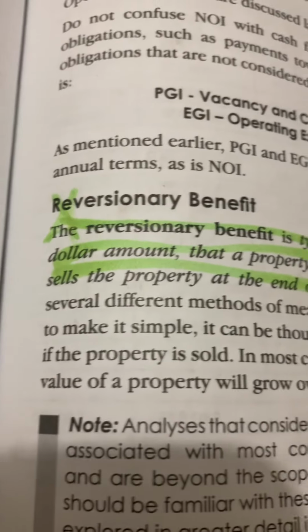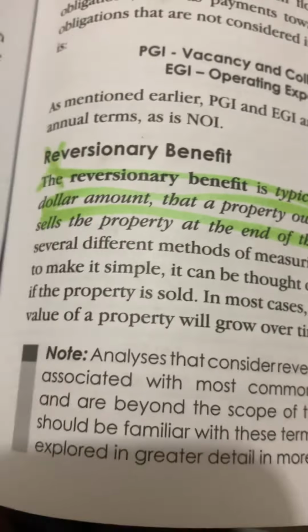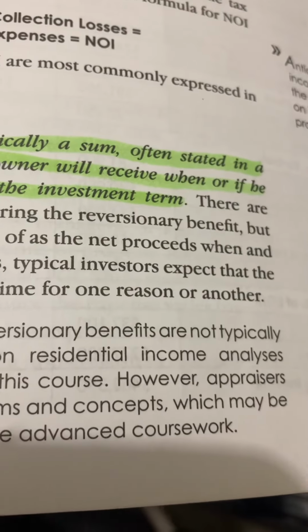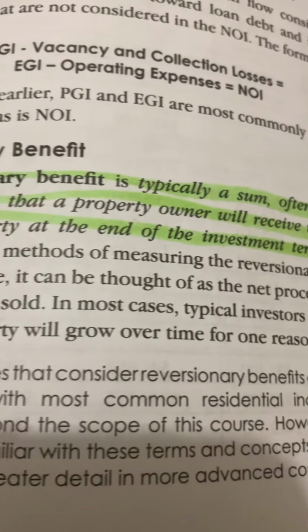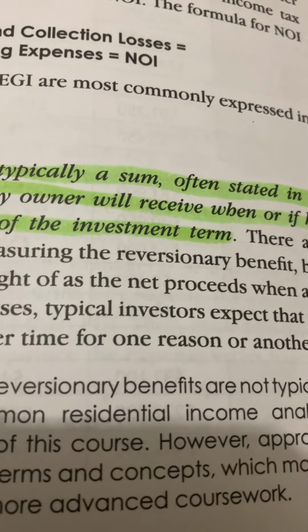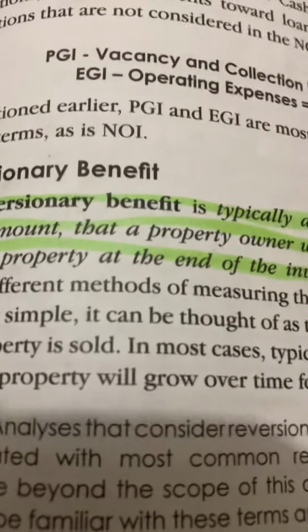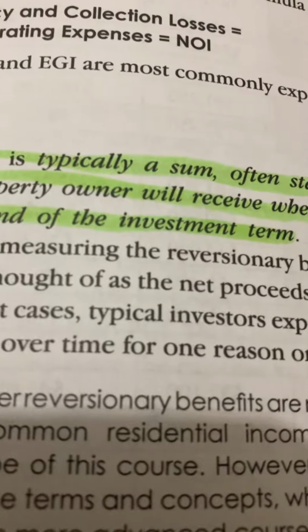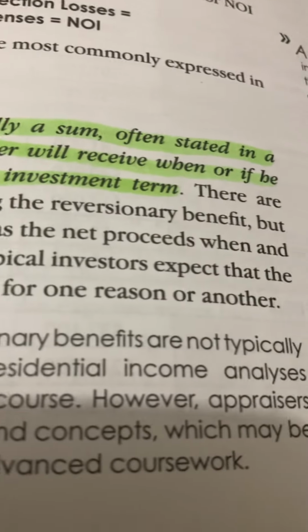But to make it simple, it can be thought of as the net proceeds when and if the property is sold. In most cases, typical investors expect that the value of a property will grow over time for one reason or another.